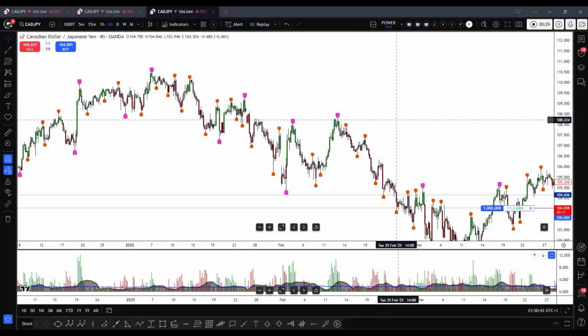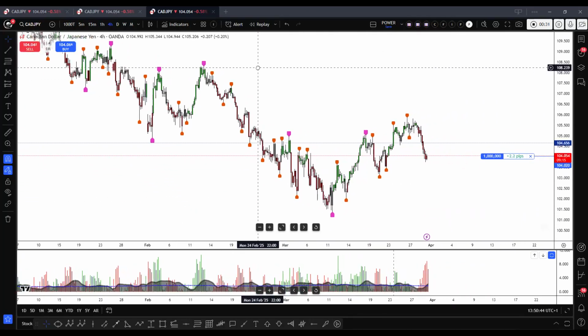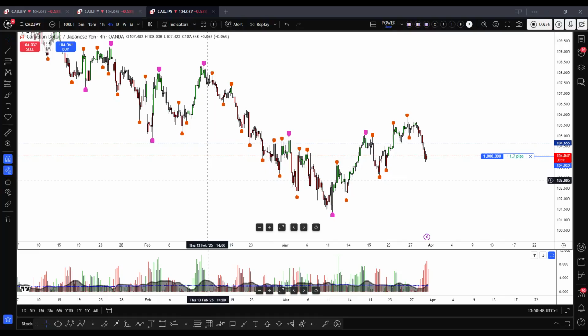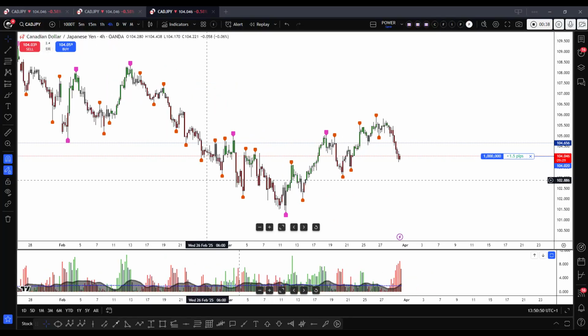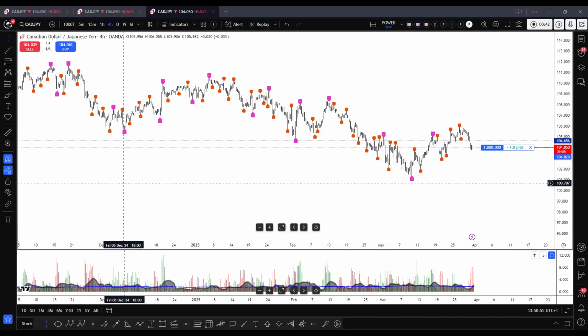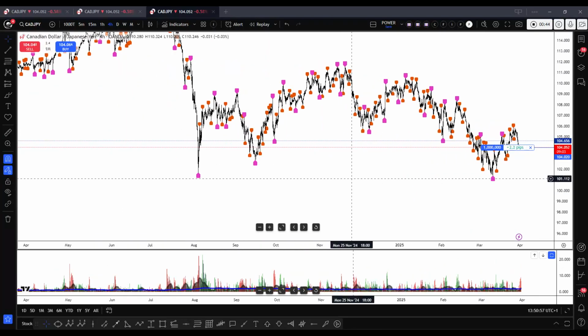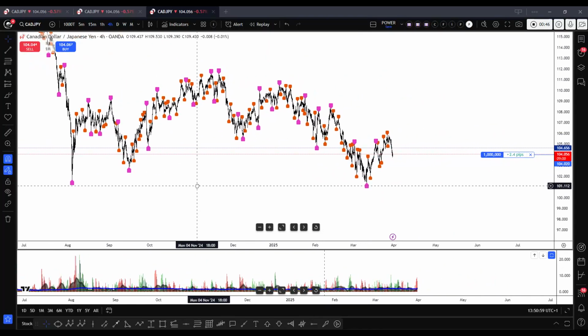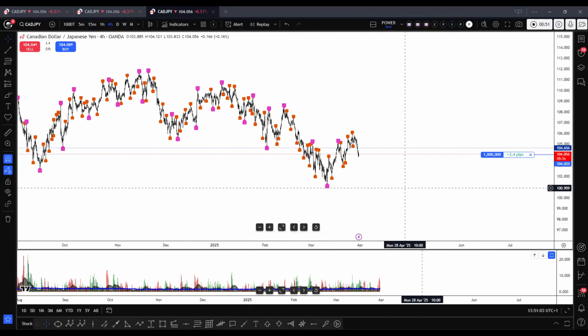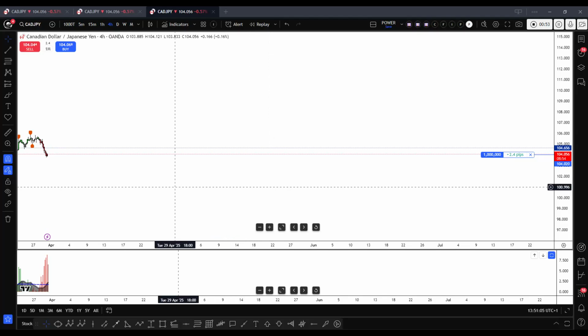It's not moving as fast as we would have loved it to, but the price is still showing signs of recovery in terms of the 4-hour trend and the 1 hour. So my goal today is to analyze the 4 hours, then the 1 hour and the 15 minutes chart of the Canadian dollar Japanese yen.